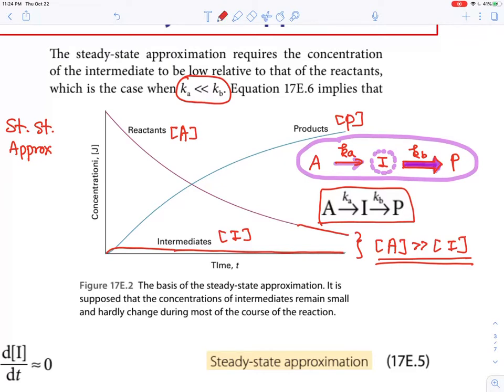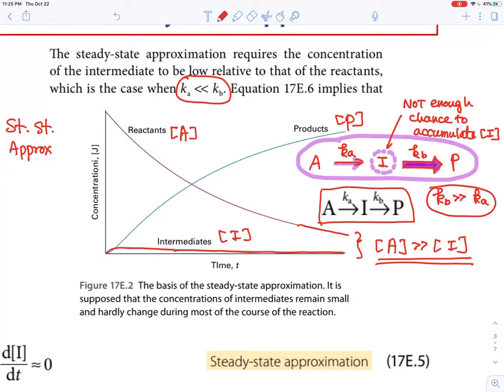So there is not enough chance to accumulate intermediate, right? So it's better to understand that the Kb value is bigger than the Ka value. Therefore, the intermediate has little chance.